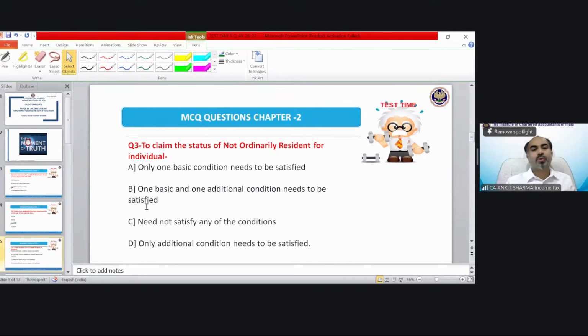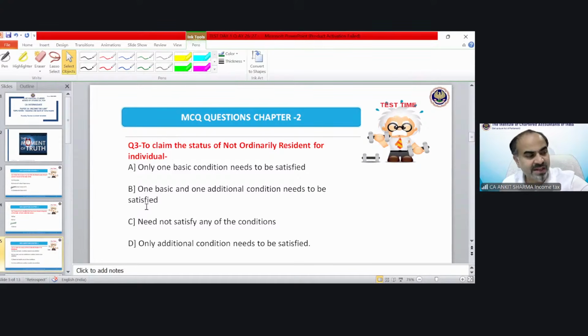Next, to claim the status of not ordinary resident for an individual, what is the correct option out of these 4? It's a little tricky.